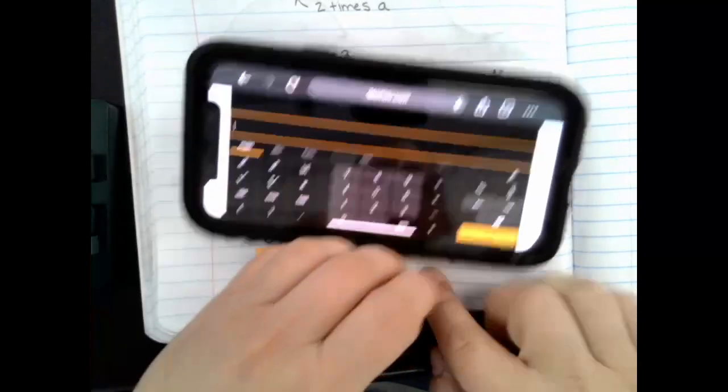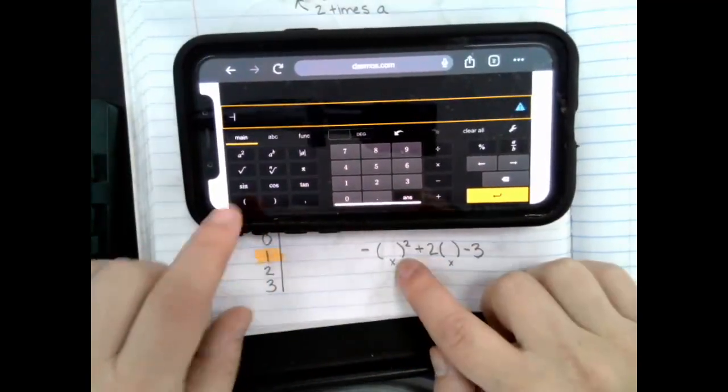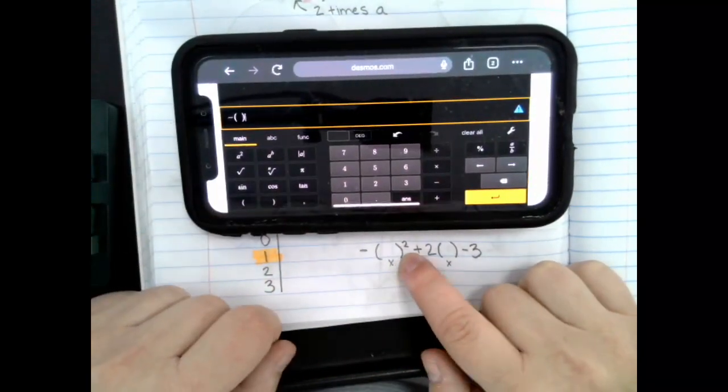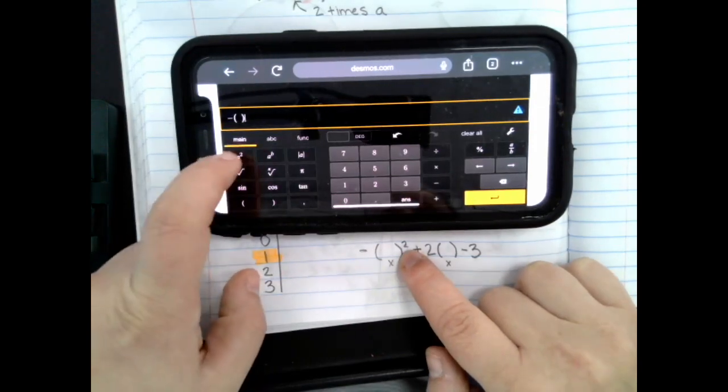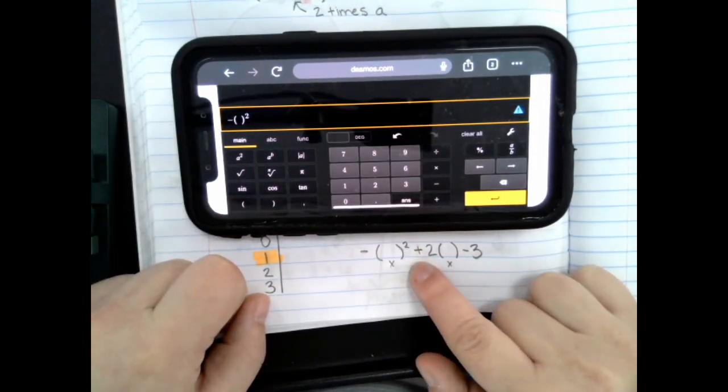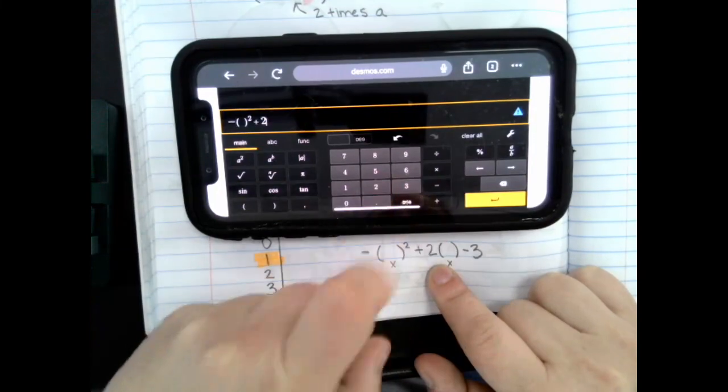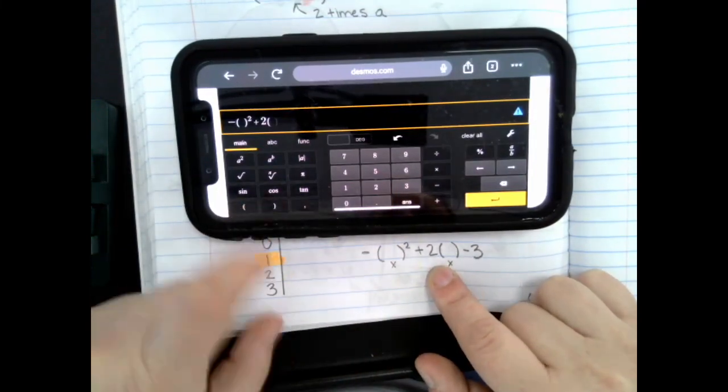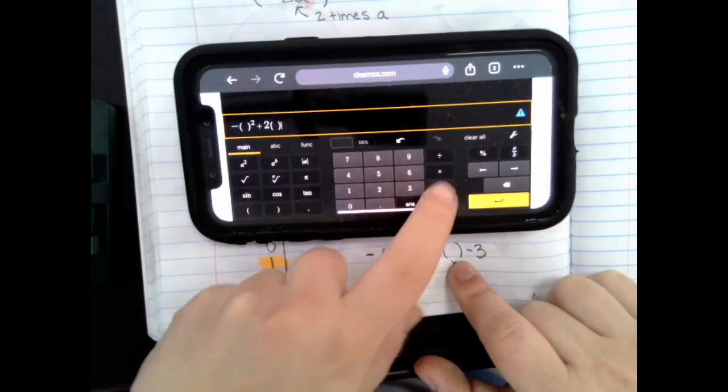I'm going to do negative, and then parenthesis, parenthesis, squared, plus 2, and then parenthesis, parenthesis, minus 3.